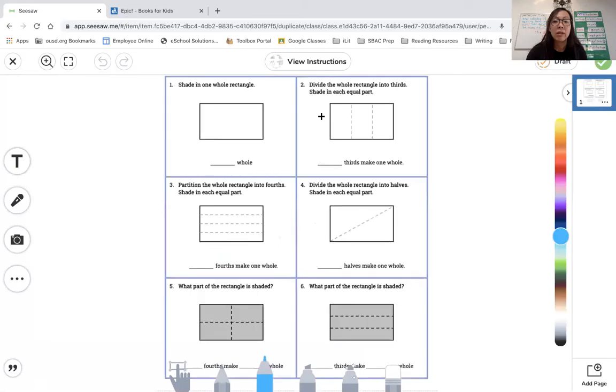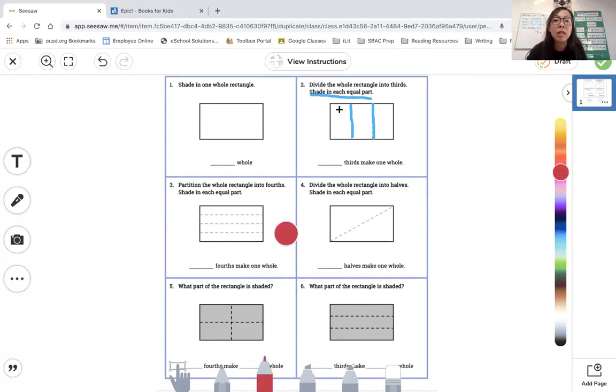Here it's loading. Okay, number 1, we're going to shade in the whole rectangle. Remember, the whole rectangle means not part of it, the entire, all of it, the entire rectangle. Number 2, divide the rectangle into thirds. So when you're dividing into thirds, you can partition it, but it says also shade in each equal part. That means all of them.